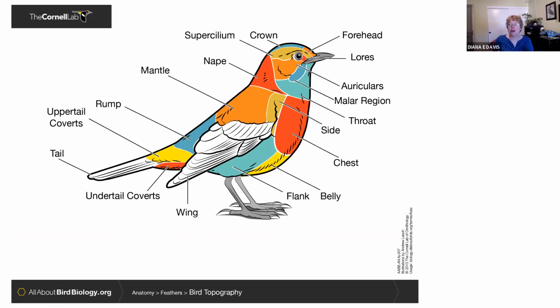Now, you might be going, oh my God, look at all those words. All right, some of these you already know, right? You guys know what a tail is. I hope you do. You're animal science majors. You guys know what a wing is, a belly, a chest, a side, a throat. So a lot of these terms are going to be very, very familiar. So let's look at the terms that are less familiar.